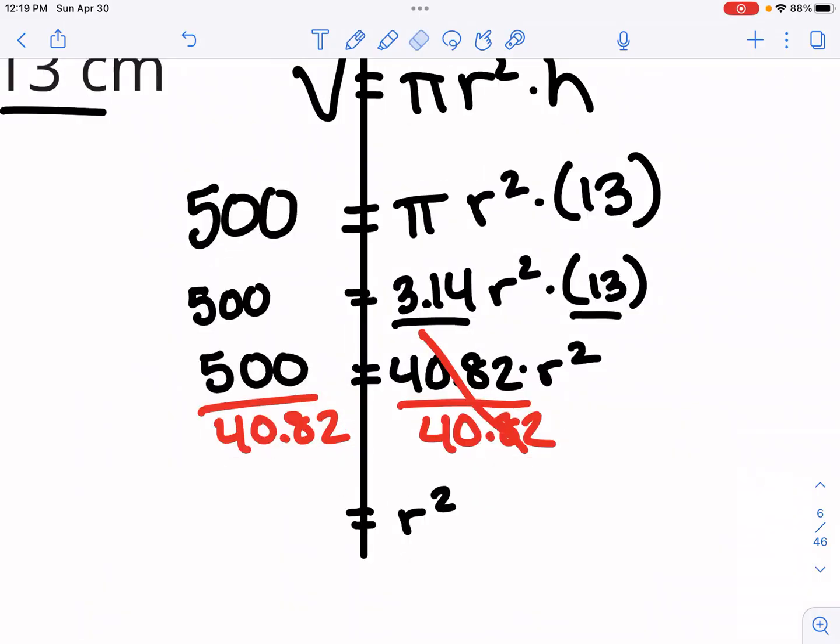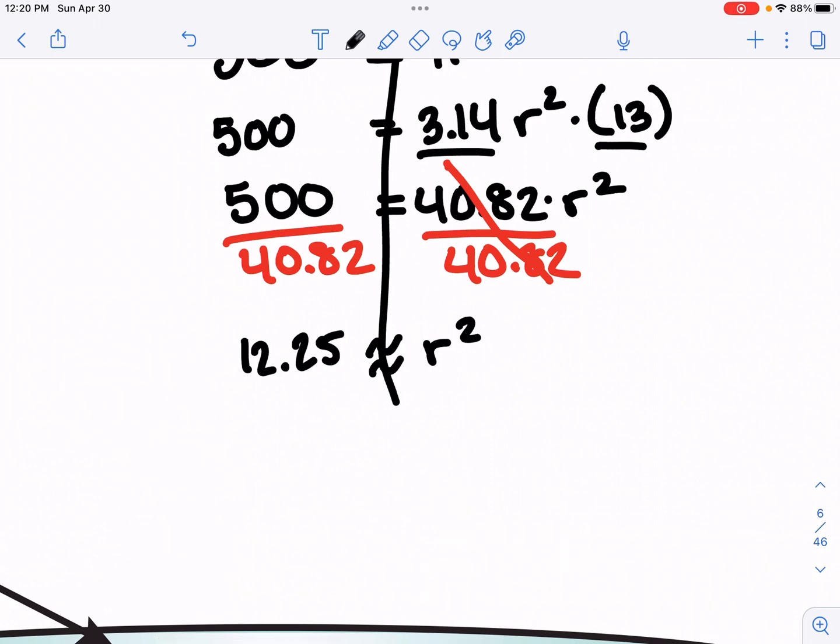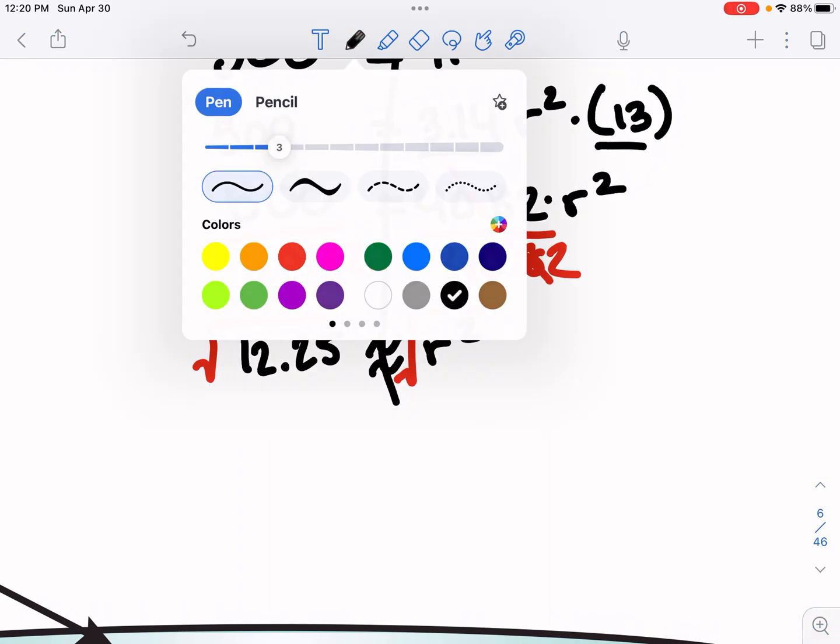Technically, when you're rounding, you wouldn't put an equal sign here. You would put an approximately equal to, so 12.25. And at our last step, if you remember, we want r by itself. So just like with Pythagorean theorem, you would get rid of the square by taking the square root of both sides. Okay.